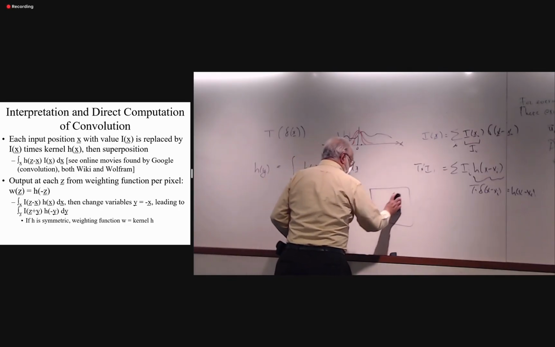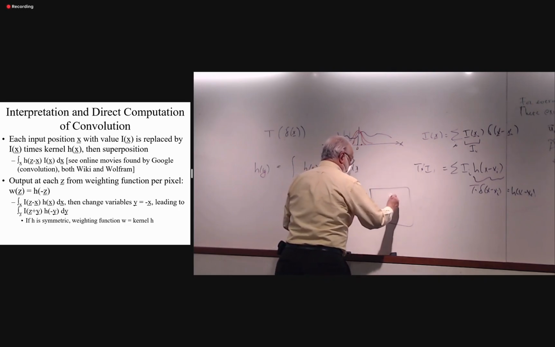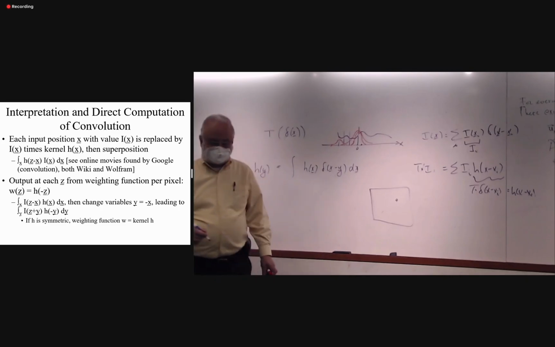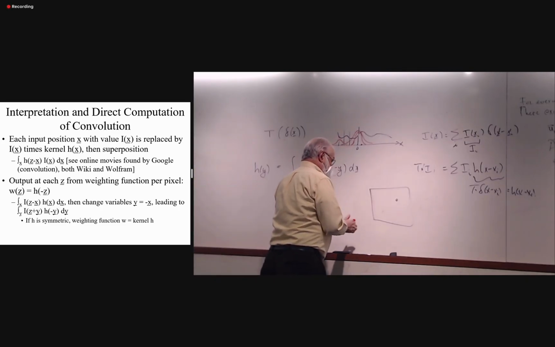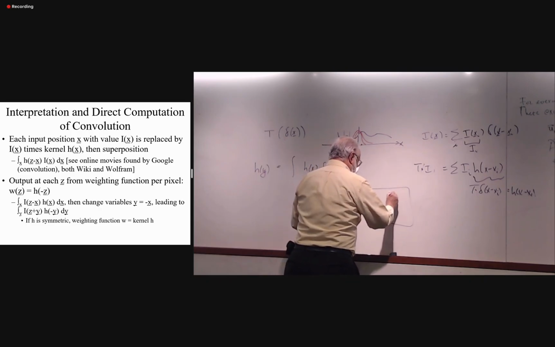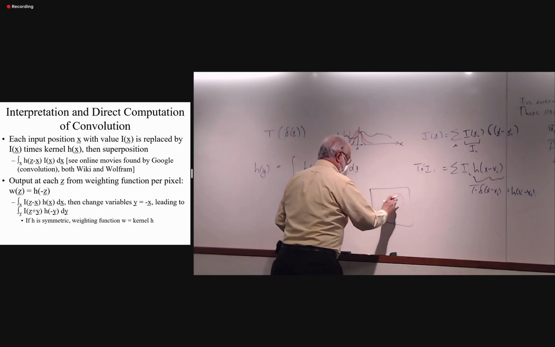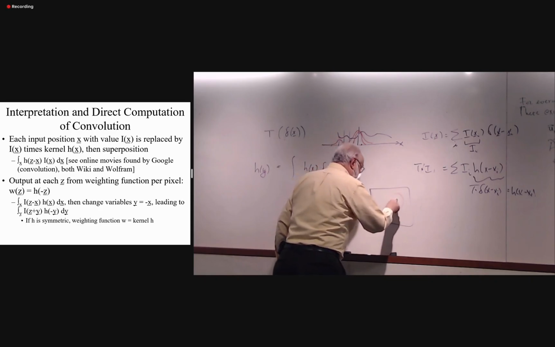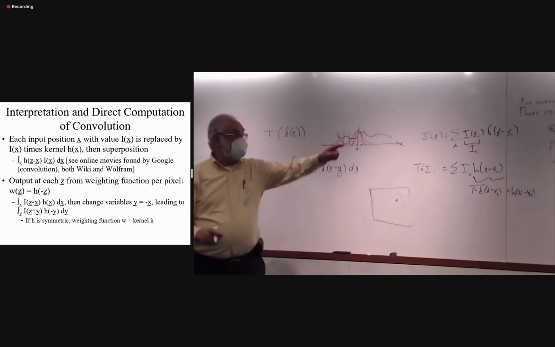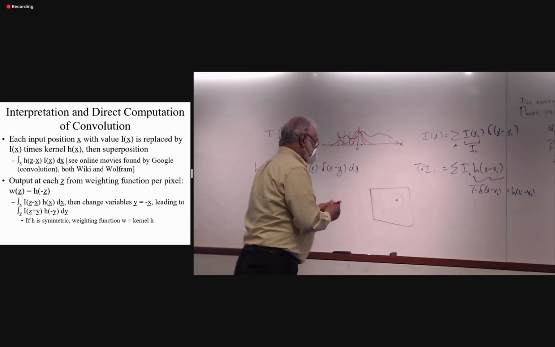So now we're talking about an output position here. And want to know what the contributions are of the intensities around it to that guy. And what this says is that it's h of minus z.